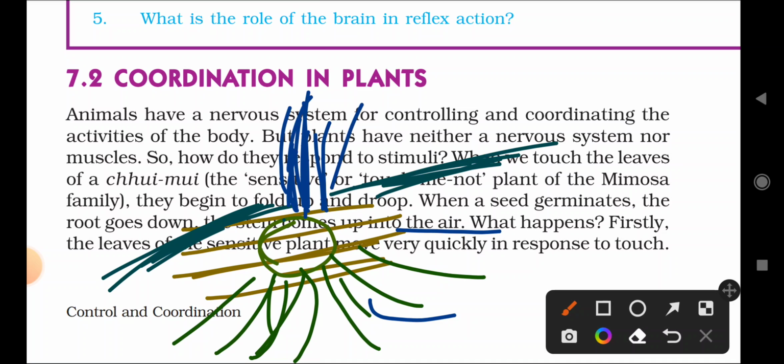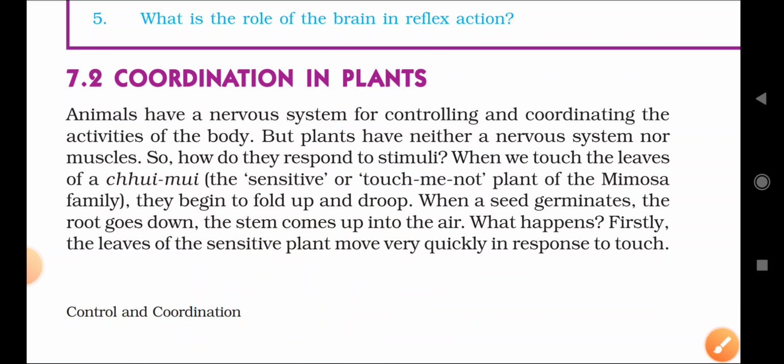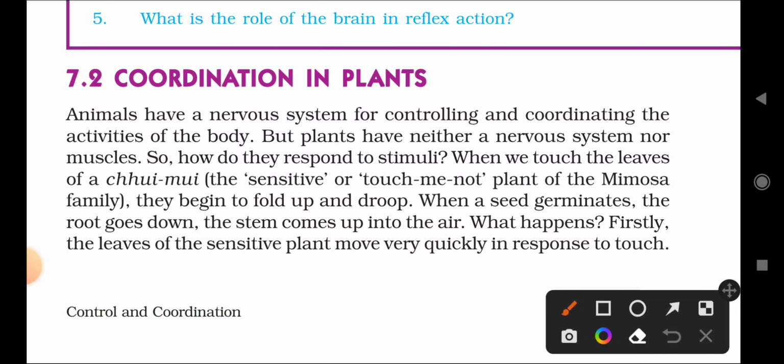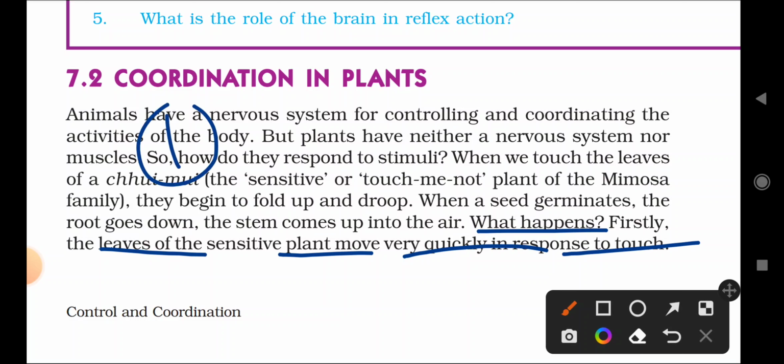You already know that this is a simple and common observation in our day-to-day life. Firstly, the leaves of sensitive plants move very quickly in response to touch. A question arises here. We have said that plants do not have a nervous system, and another thing they lack is muscles.